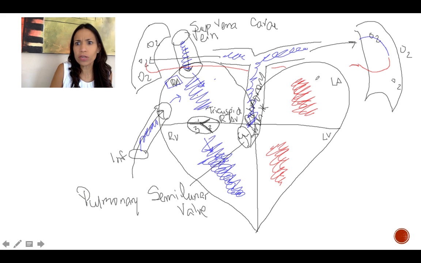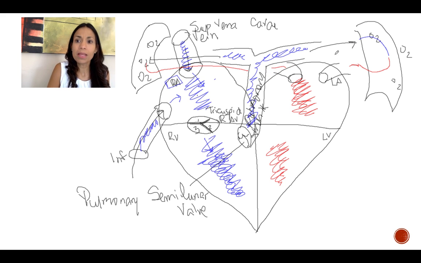Since it's returning to the heart, how do you call the blood vessels carrying that oxygenated blood? How do you call them? Veins. And since they are coming from the lungs, two on the right and two on the left side, we're going to call them pulmonary.